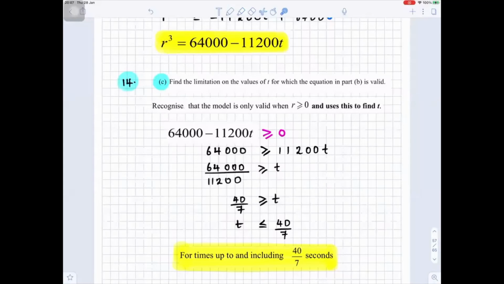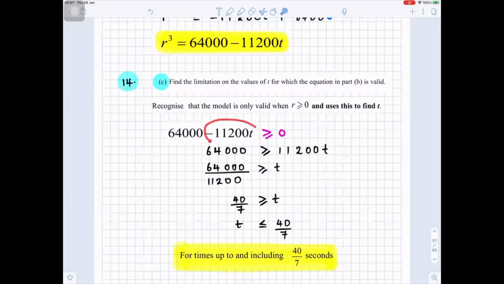Question 14c: find the limitation on the values of t for which the equation in part B is valid. Recognize that the model is only valid when r is bigger than or equal to 0, and use it to find t. So you can make 64,000 minus 11,200 t bigger than or equal to 0. That's when it is valid.